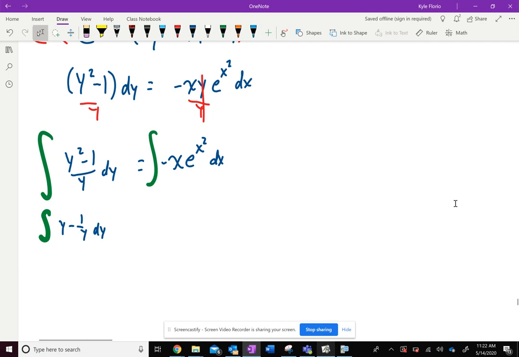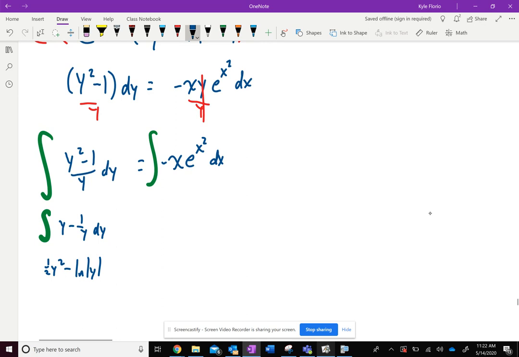The right-hand side, we're going to need u-sub. For this side, it'll be a piece of cake. Let me just finish the left side first. The antiderivative of y is going to be 1/2 y squared. The antiderivative of 1 over y is natural log of the absolute value of y.